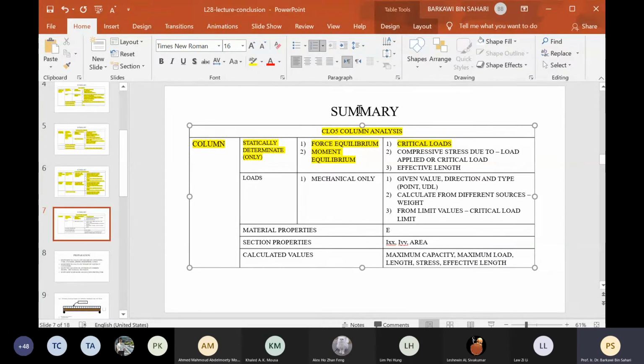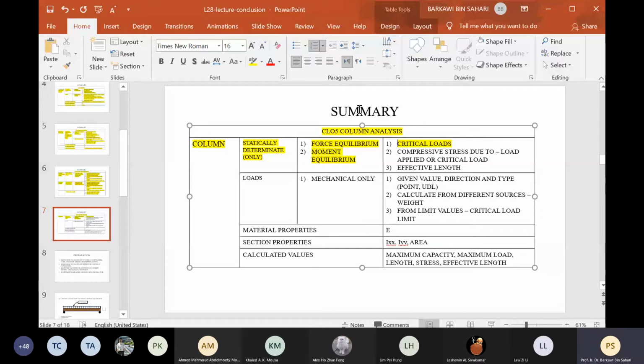Now, critical load is not just knowing the equation P crit equal to pi squared EI over K squared L squared, and what are the values of K for different boundary conditions. Not just that. But critical load is like the property of that column, because it is independent of external load.